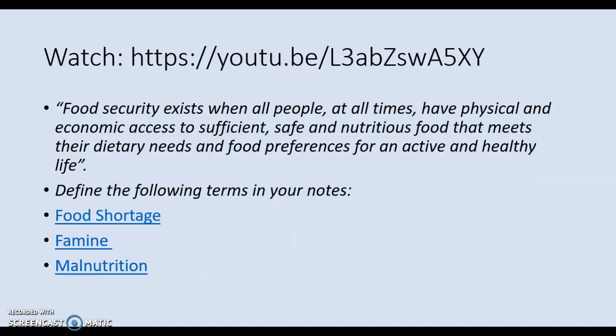Okay, so first thing I would like you to do is have a read of this definition. It says food security exists when all people at all times have physical and economic access to sufficient, safe and nutritious food that meets their dietary needs and food preferences for an active and healthy life.